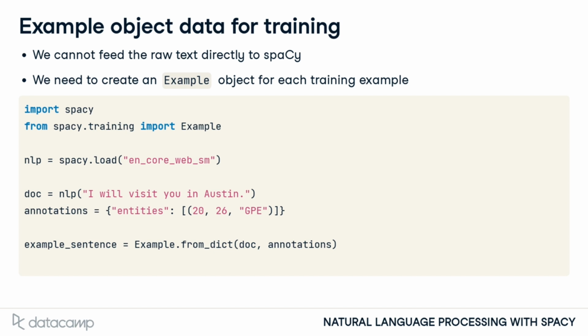For this purpose, we use the Example.from_dict method and pass two arguments, the doc container and the annotation dictionary. We can view attributes that are processed and stored at the example object by using the example.to_dict method.